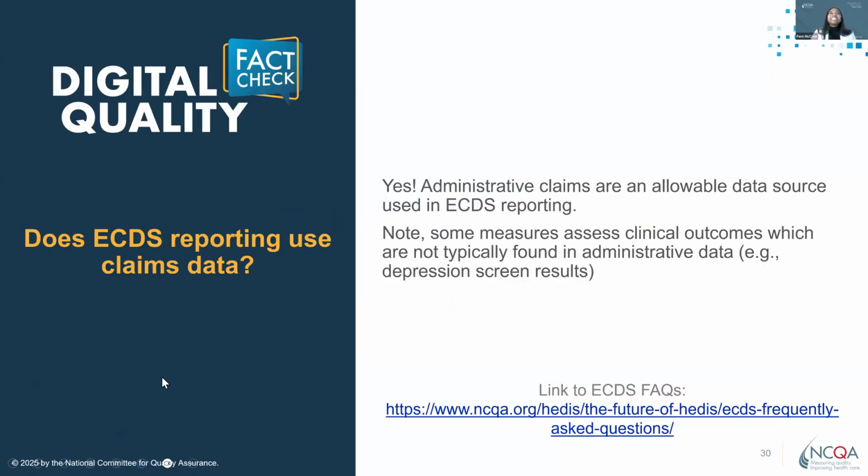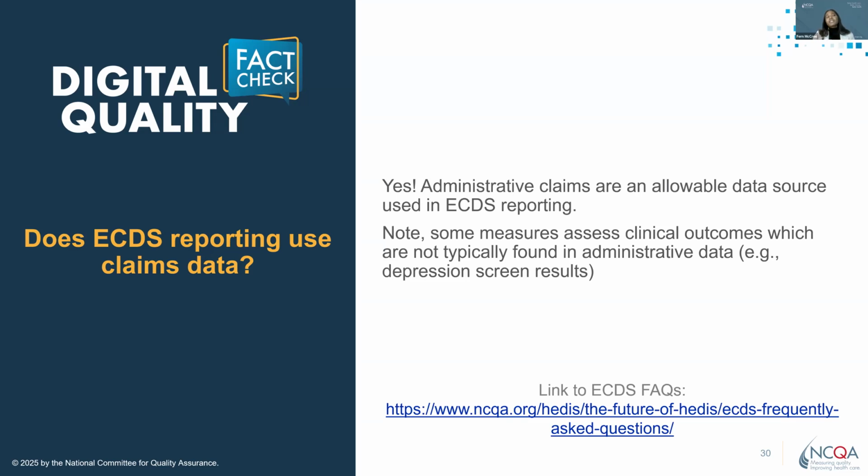Yes, so this is a common question we get, so that's why we want to emphasize the point. Administrative claims are an allowable data source for ECDS reporting. There are many measures that are still well represented by administrative data, and so that is still allowed. And so if you're an organization using administrative data to report, you can still use that data source for reporting as it transitions to ECDS.